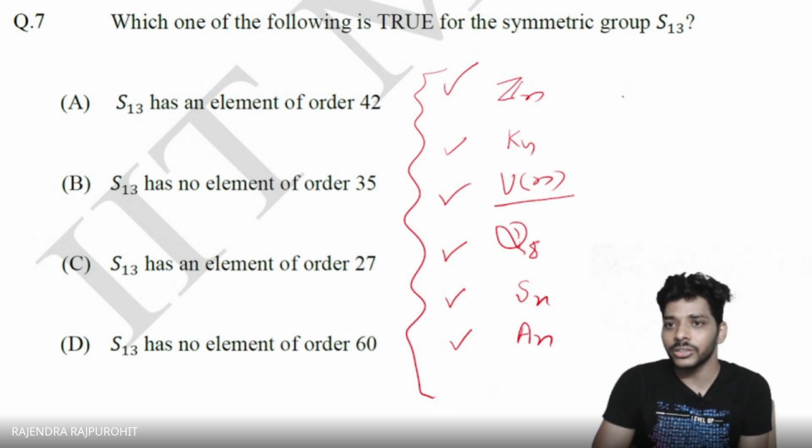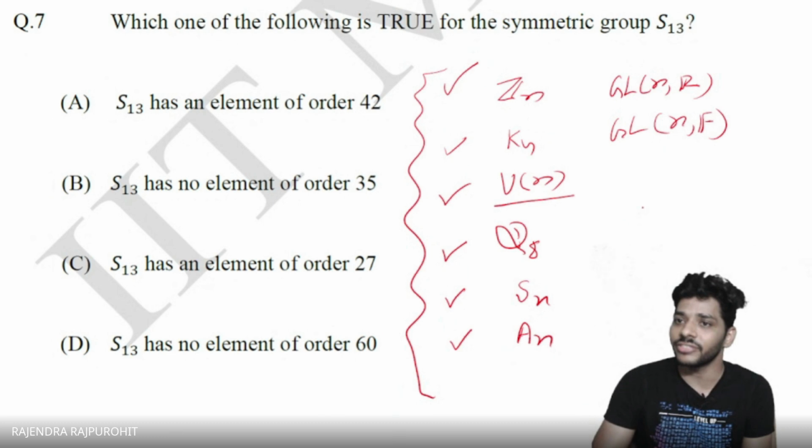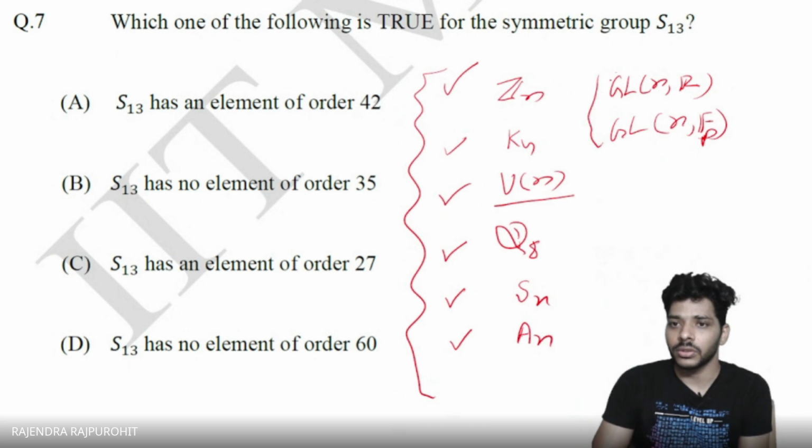Then what else can you remember? GL_n, the general linear group of n cross n matrices over a finite field F_p of prime cardinality p. You should also know these groups.